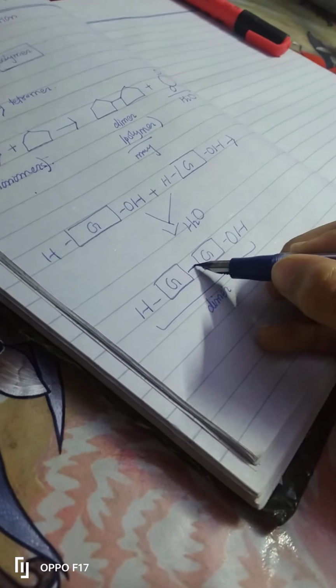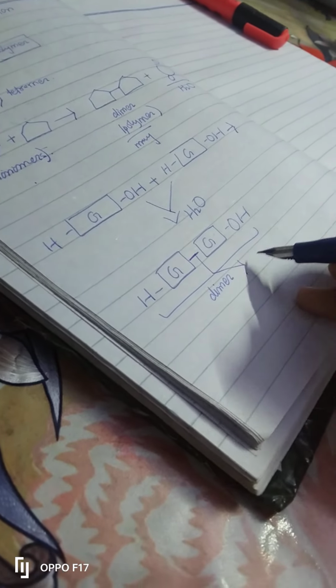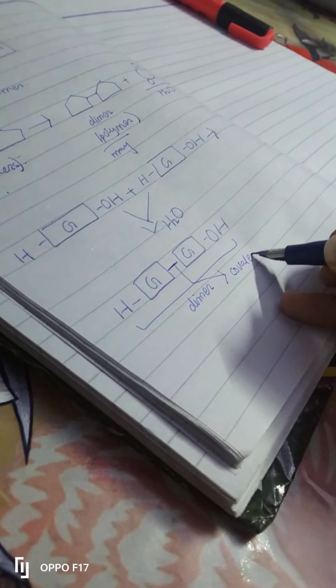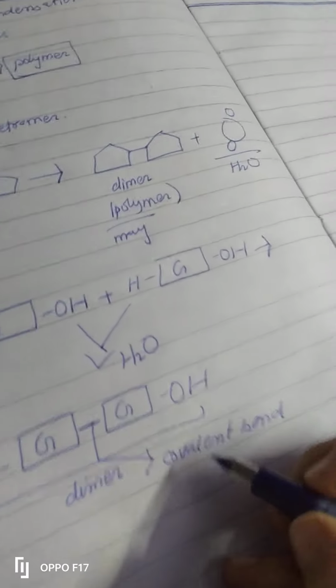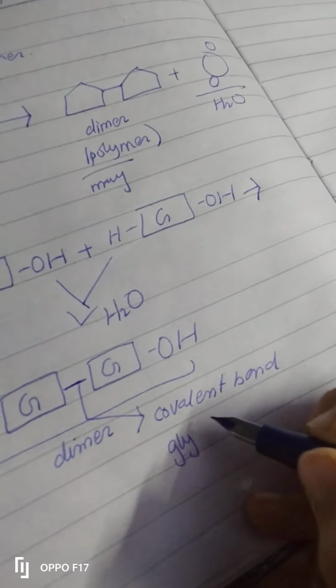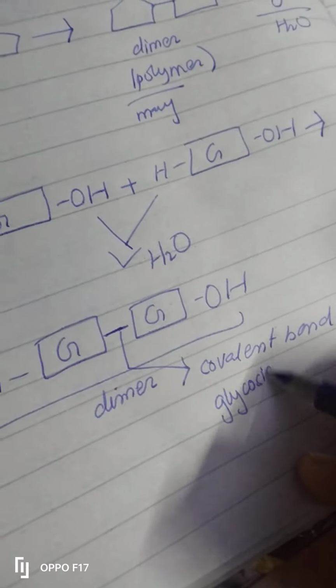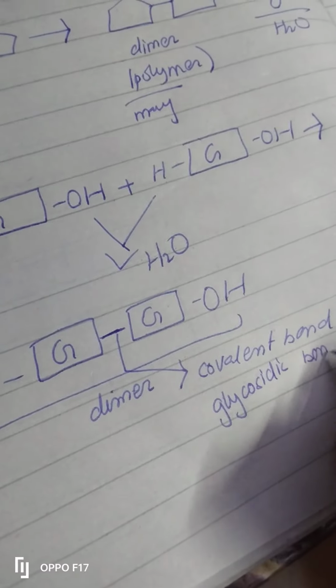The bond over here is known as a covalent bond. But remember one thing, that whenever two carbohydrates combine together, they form a glycosidic bond.